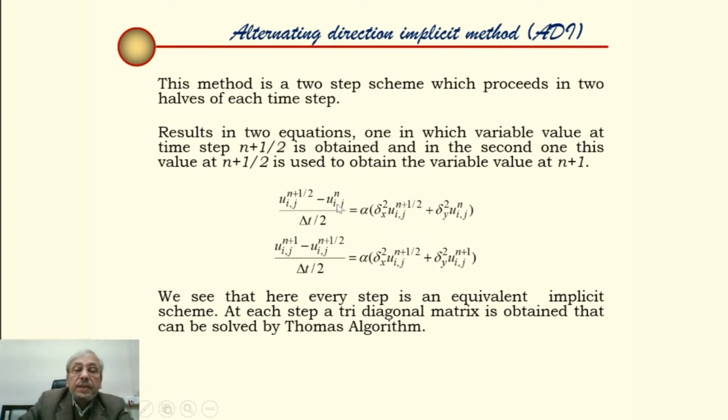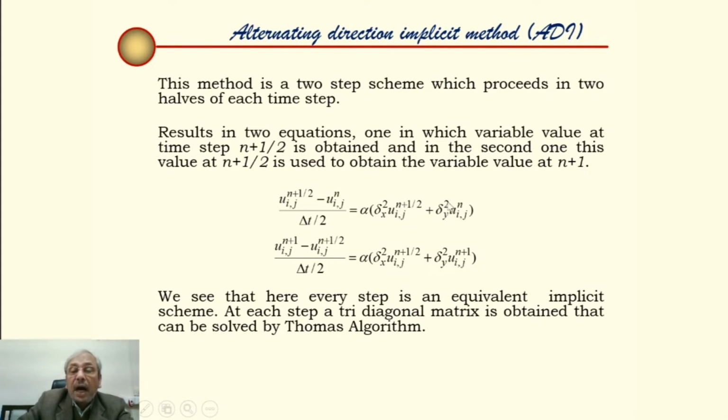When we progress from nth level to n plus half level through a time step delta t by 2, we apply the central differencing operator in x, del x2, on the dependent variable at n plus half level.